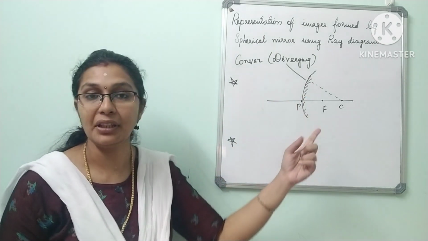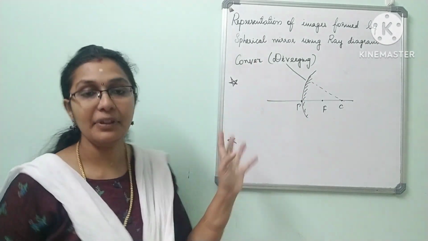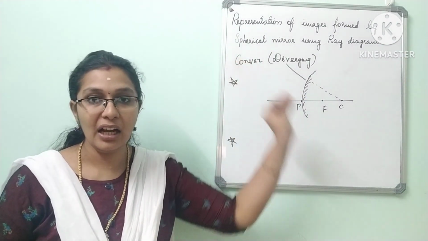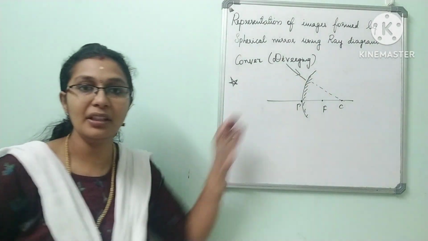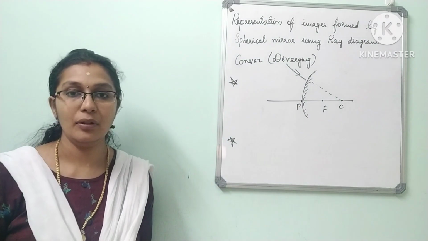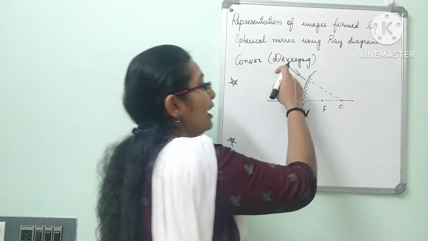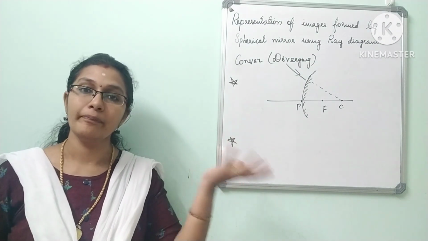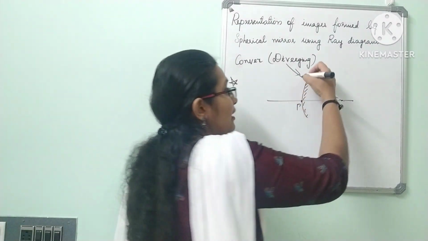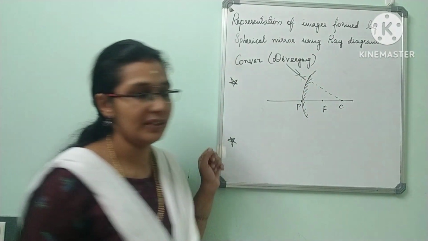It is not real, it is imaginary. Whereas on the left hand side you should draw a straight line only. Now the direction also you have to mention when it is a straight line, not dotted lines. So a ray passing through the center of curvature is reflected along the same path. So you can use the arrow the same way.